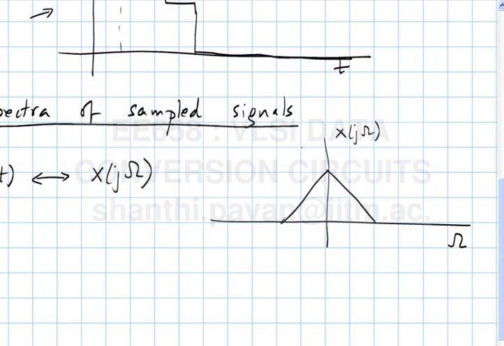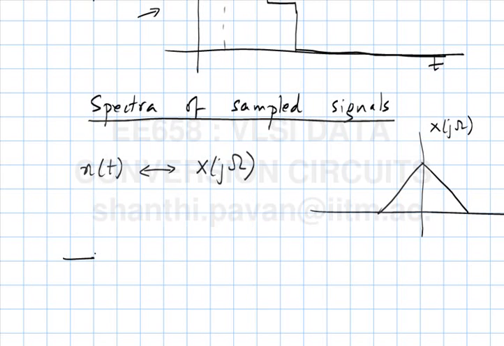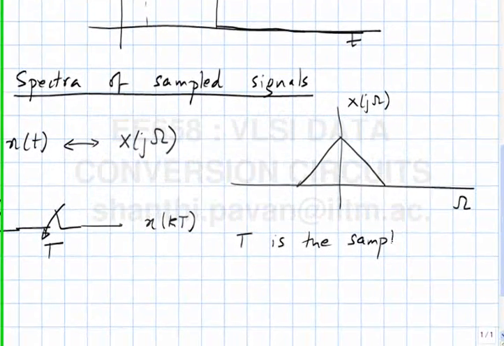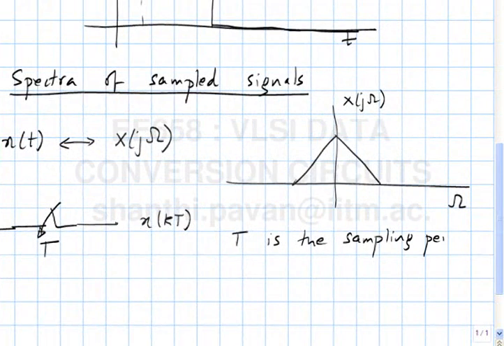Now, if I sample this x of t, I will get a sequence of numbers, and that sequence will be x of kT, where k is an integer. T is the sampling period, and 1 over T is the sampling rate.